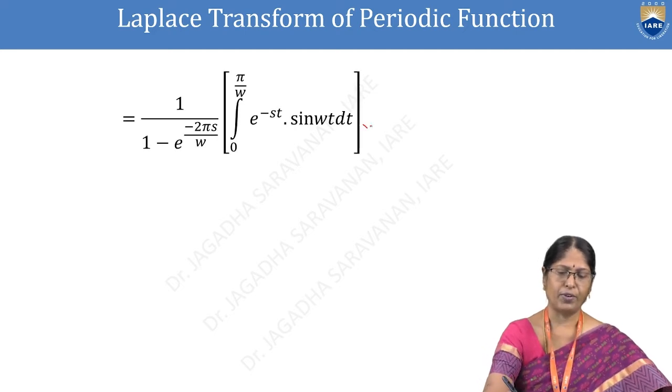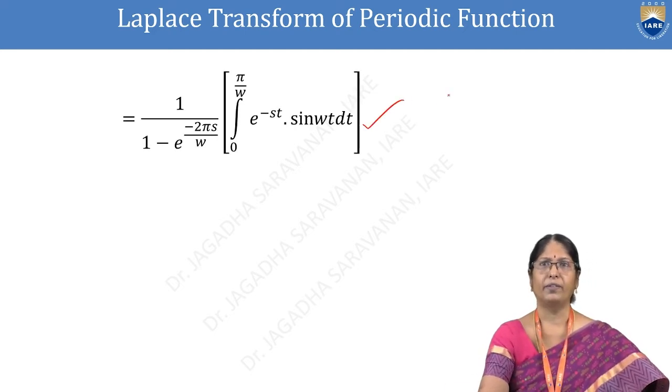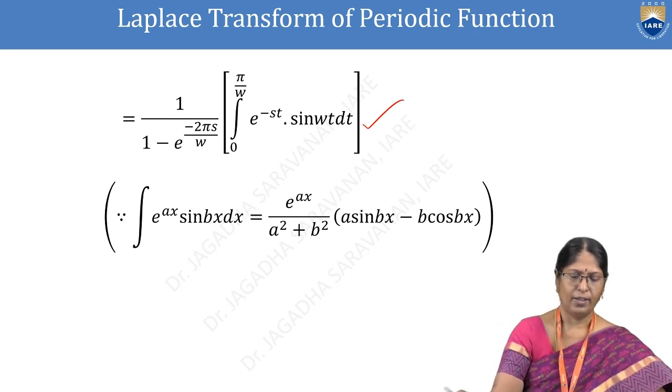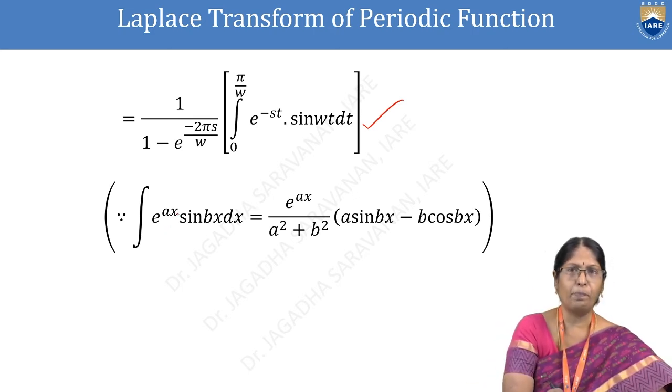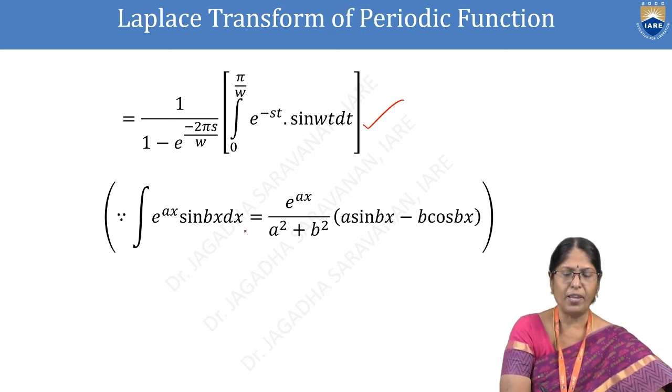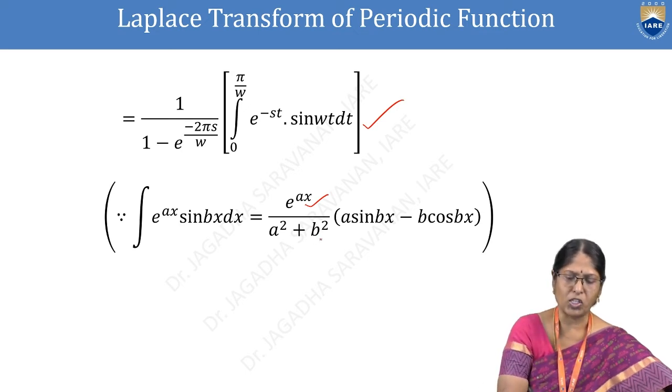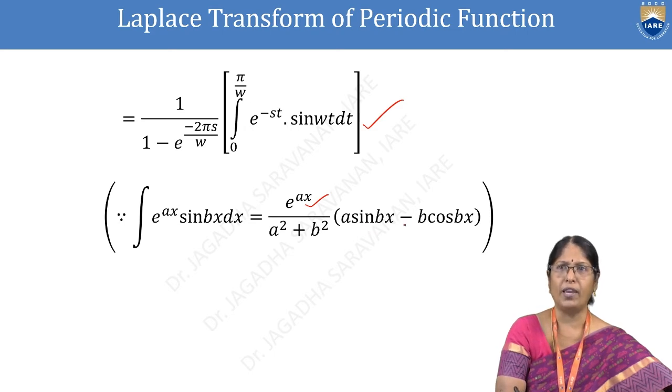So the previous step is written here again. Now, the formula which is available is integral e power ax sine bx dx equals e power ax divided by a square plus b square, into a sine bx minus b cos bx.